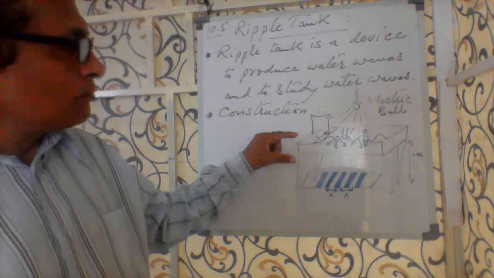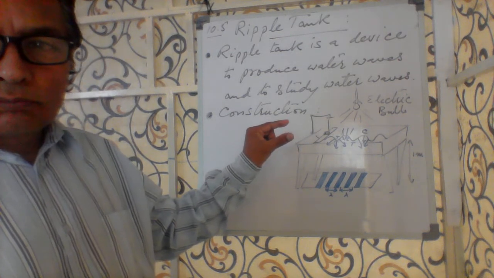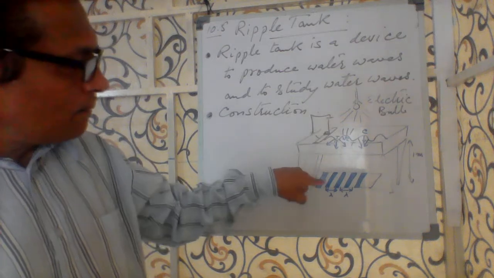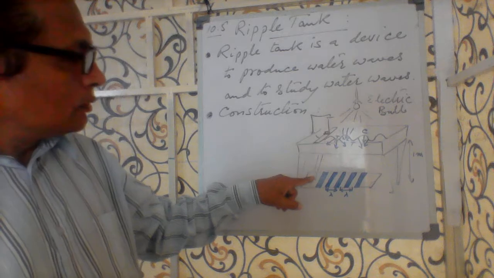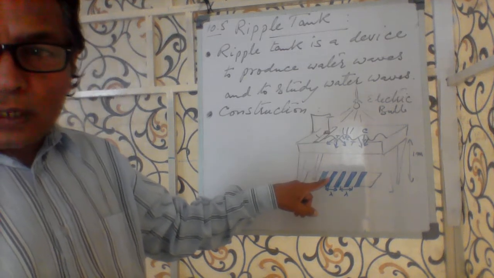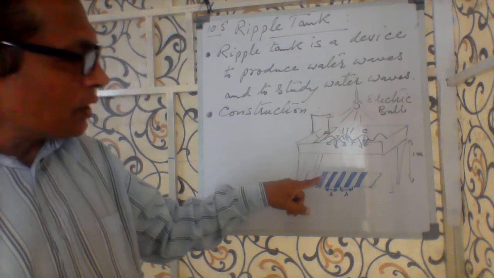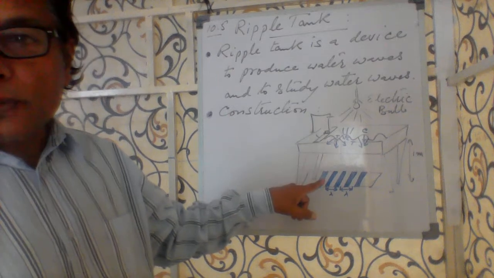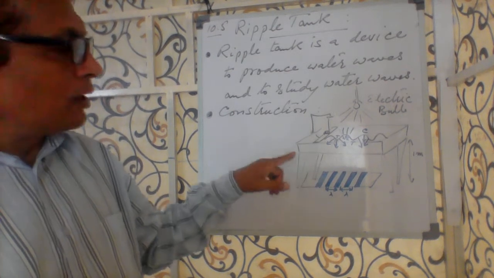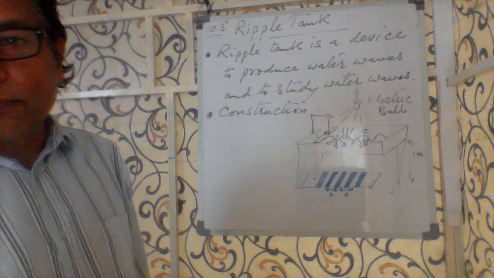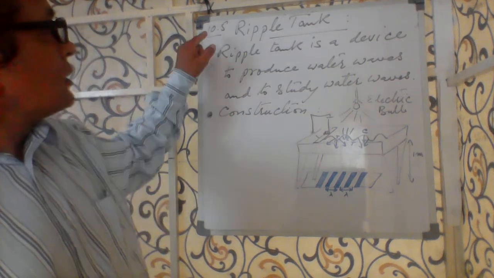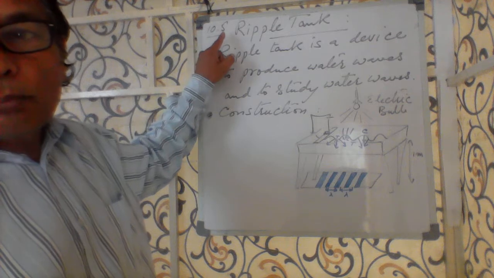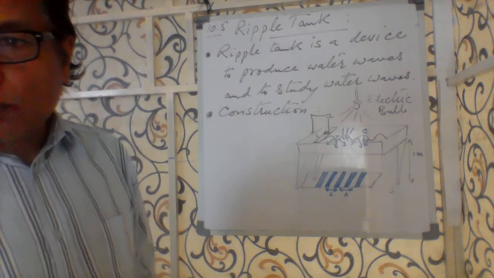For example, number one, reflection of waves, then refraction of waves, then number three, diffraction of waves, and interference of waves, etc. We will study that in 10.5 part 2. Got the point?